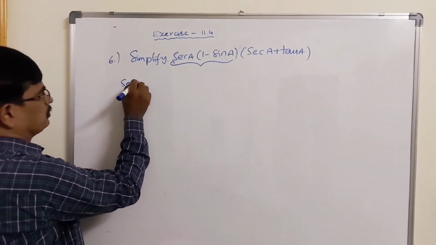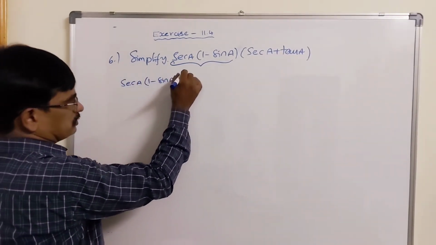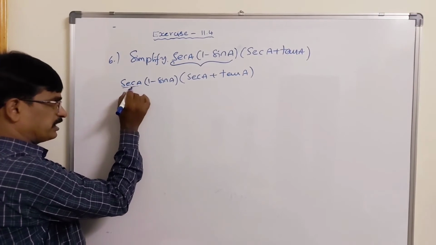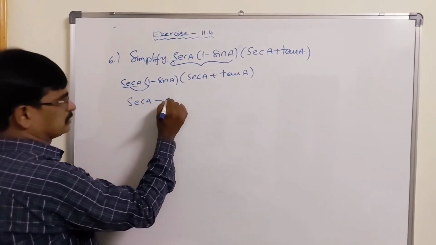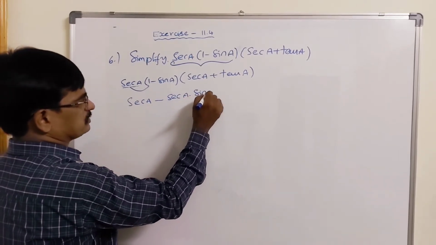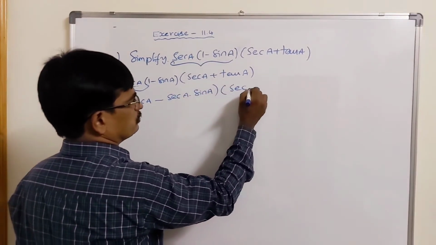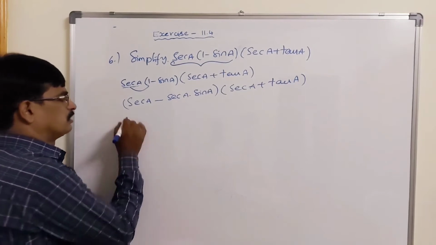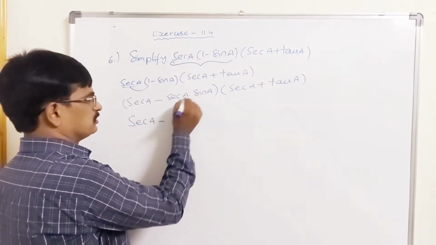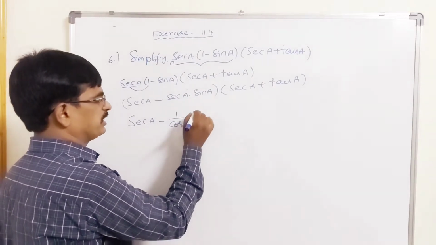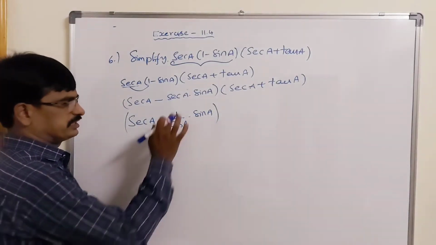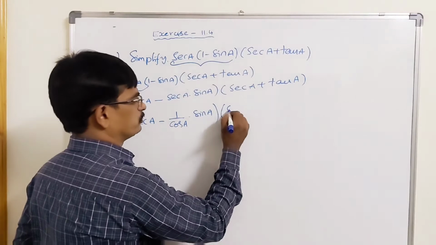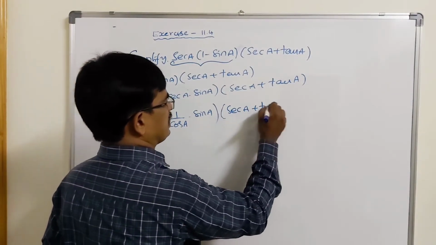That is secant A into 1 minus sin A into secant A plus tan A. Now secant A into 1 is secant A, minus secant A into sin A. Secant A can be written as 1 by cos A. Secant and cos are reciprocal to each other, so secant is replaced by 1 by cos.